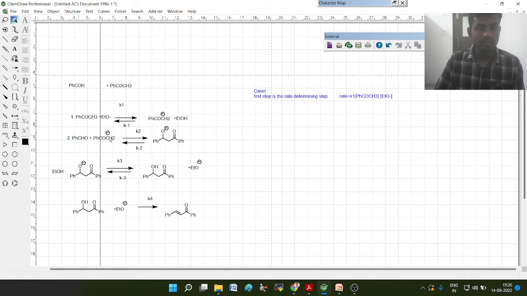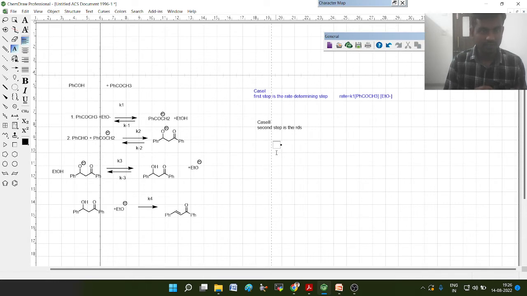Now we'll come to the second step. If it is the rate determining step, we will assume case 2, where the second step is the RDS, rate determining step. Again we can write our equation.